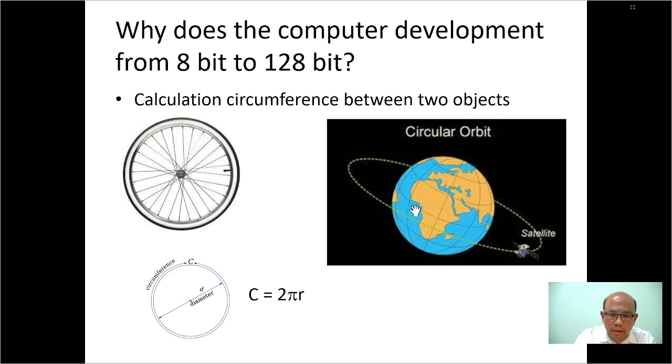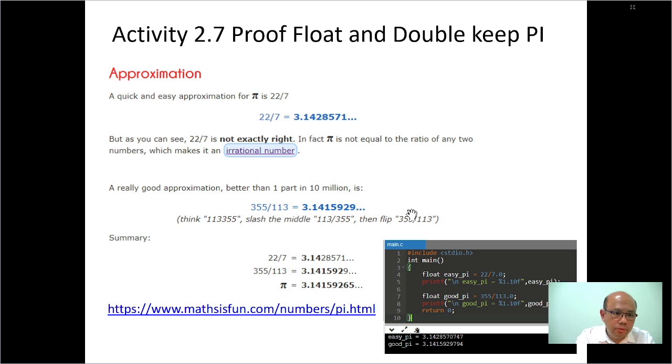When you calculate at a very large size, you use more parameters to correct the data. This is related to the pi parameter. I built activity 2.7 to show you the importance of the pi value.